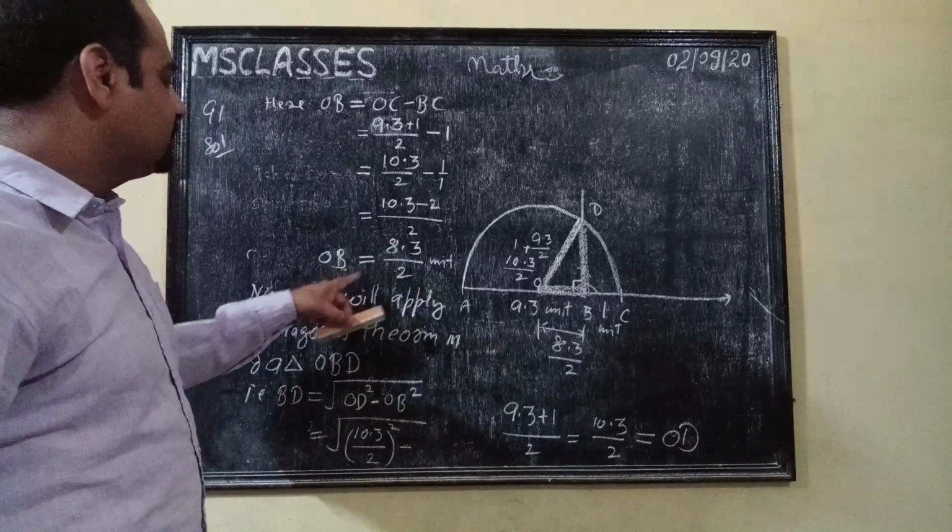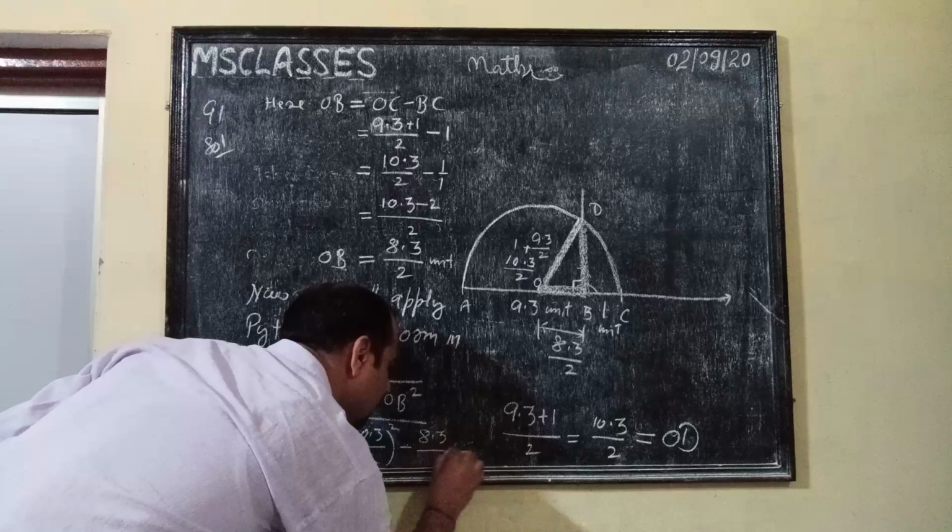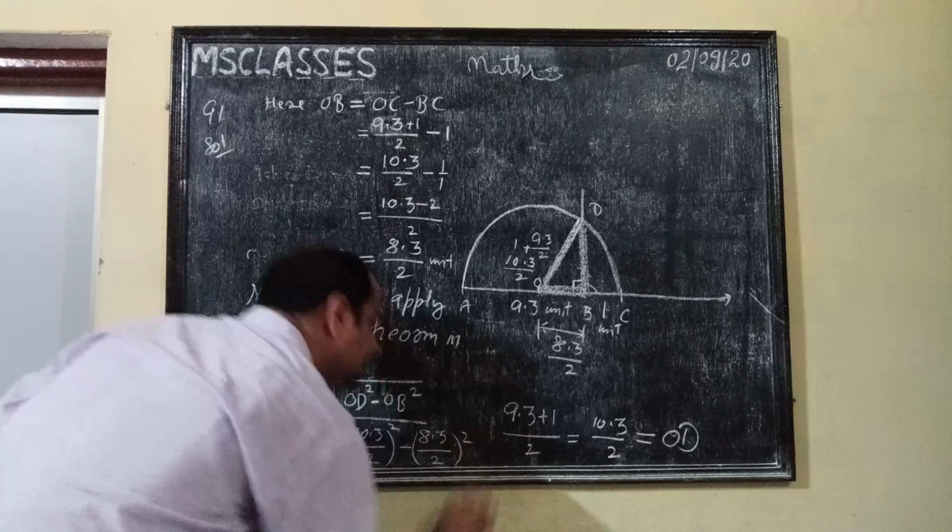Your value of OB is 8.3 over 2. This is 8.3 over 2 whole square.